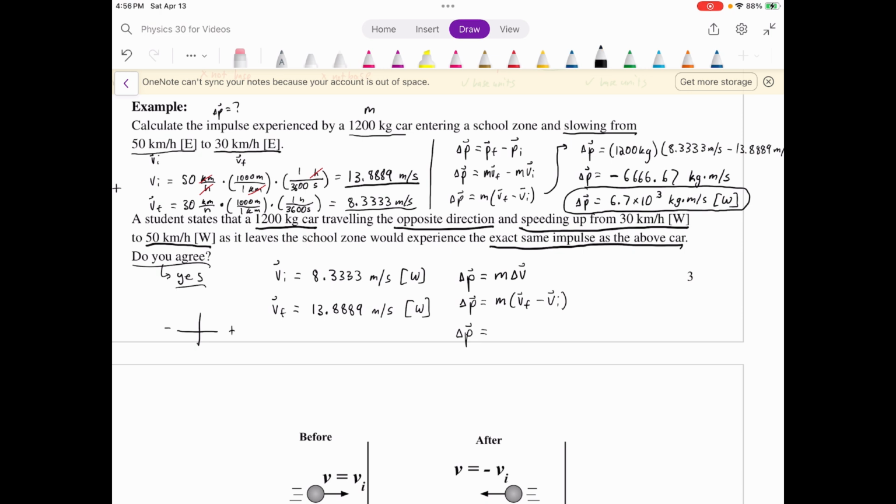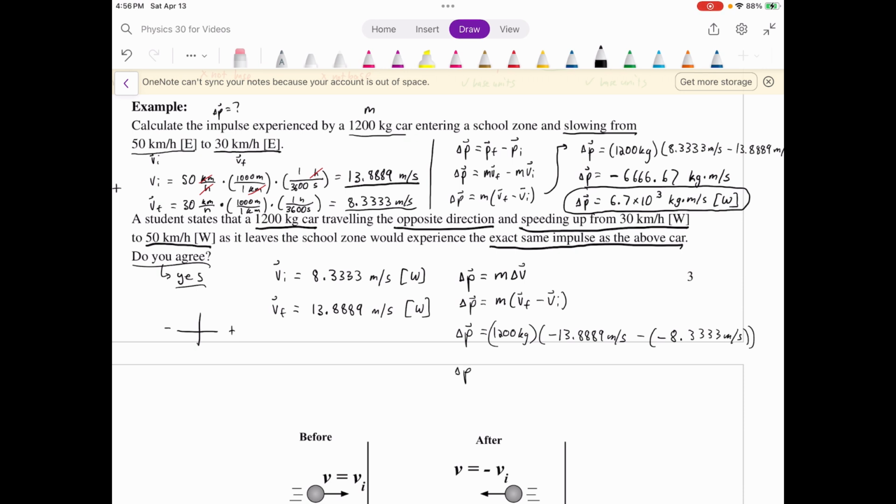Let's figure out this car's change in momentum, its impulse. So its mass is 1,200 kilograms. The final velocity is now negative 13.889 meters per second minus the initial velocity. We're defining west as negative, so we're subtracting negative 8.3333 meters per second.